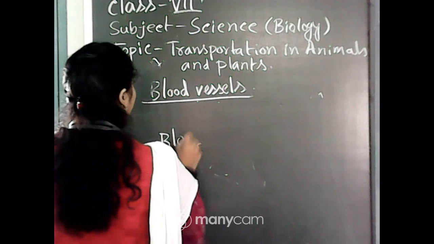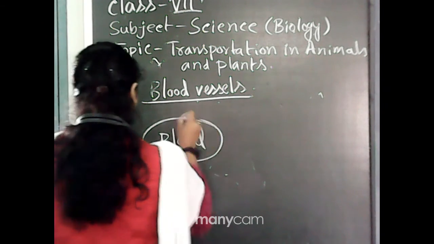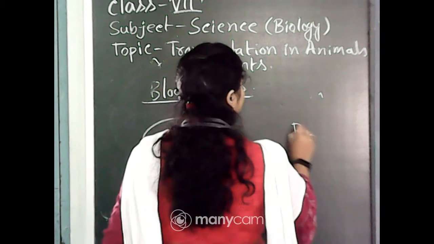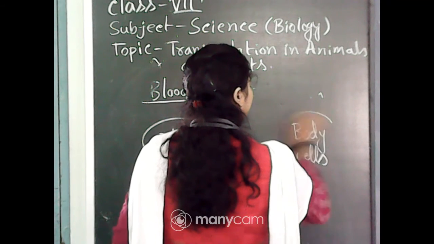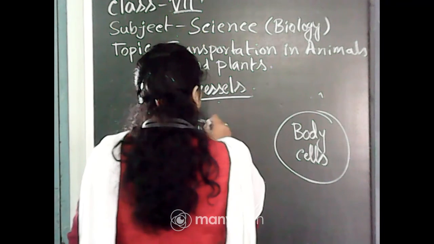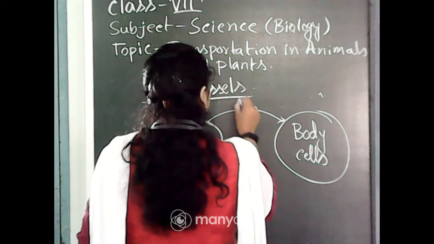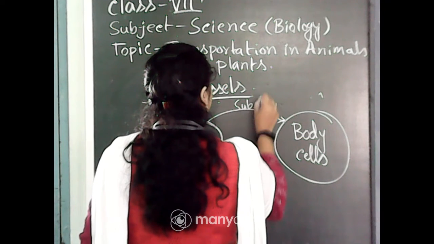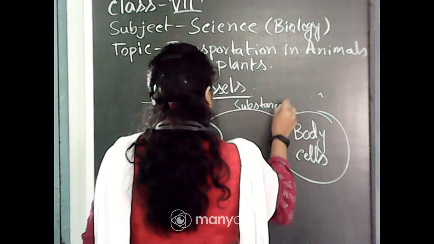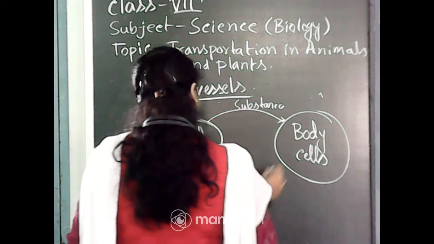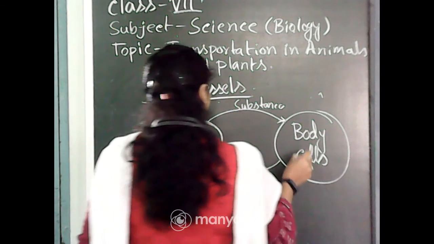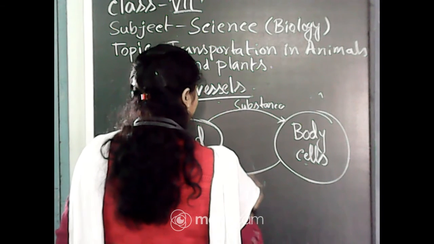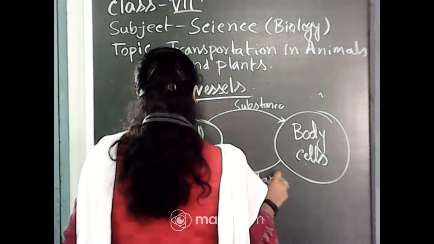If this is blood and there is a body cell, then some substances are easily transported, and some substances come back from body cells to blood.